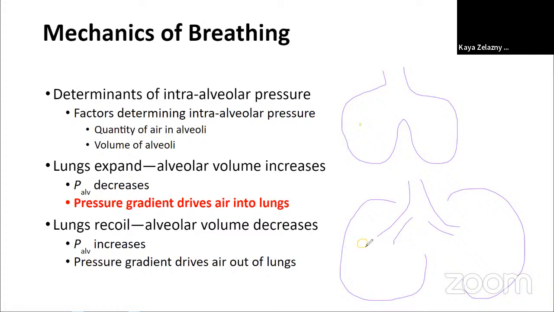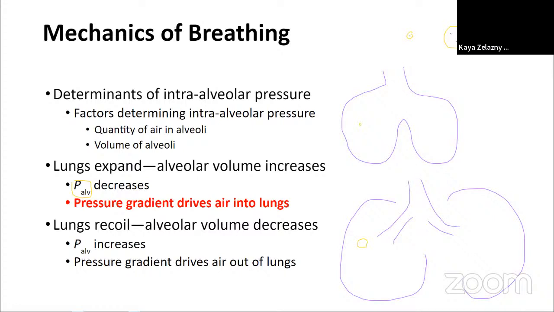Before we have any air move into those alveoli, this means that the pressure in the alveolus is going to drop. So like we had our small alveolus and then we have our big alveolus. If we have no change in the amount of gas, all right, so we have two little gas molecules. Now we have two little gas molecules.